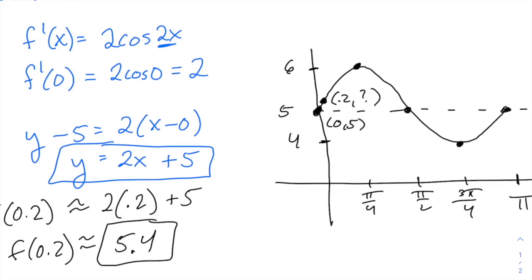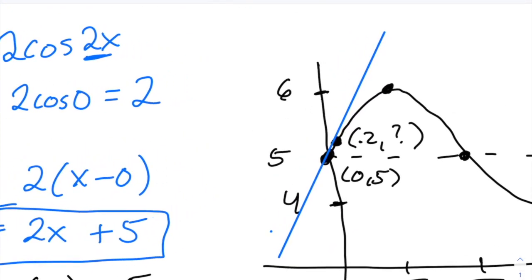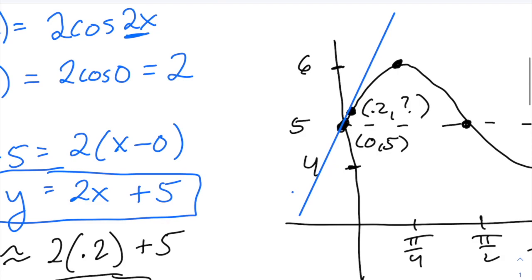So I wrote this tangent line, and it's certainly not a perfect drawing here, but if I were to zoom in on that, I really want you to see that the tangent line and the curve only intersect at that one point of tangency in that local neighborhood.